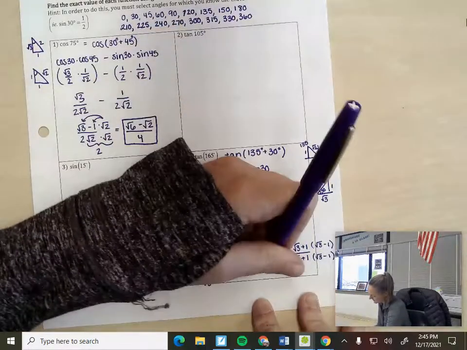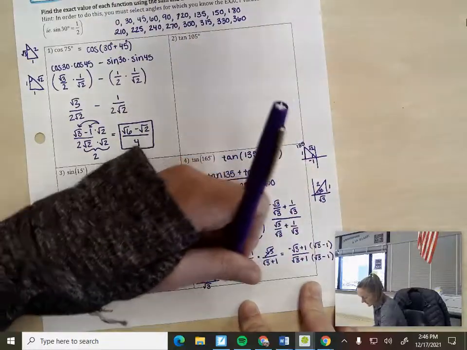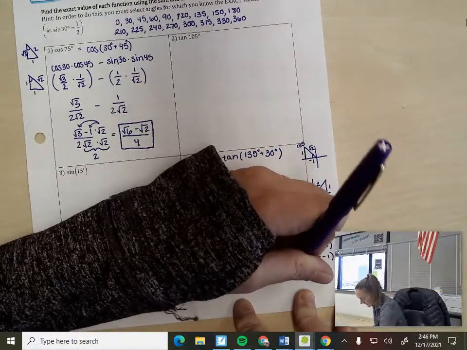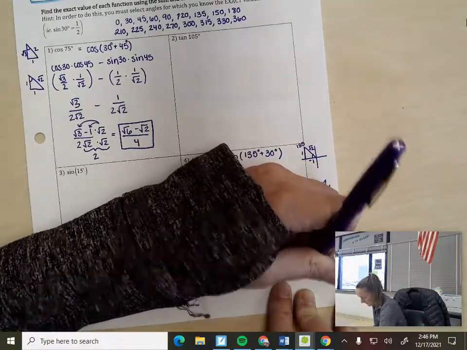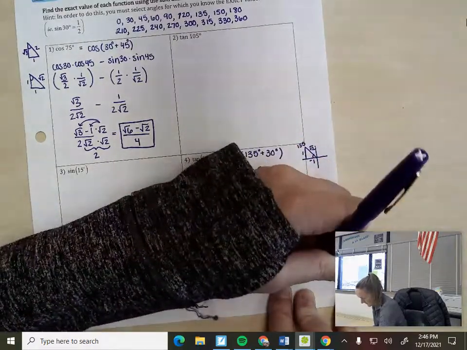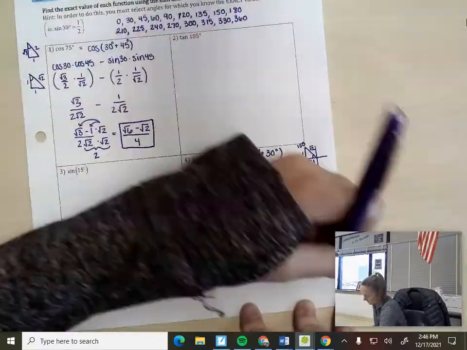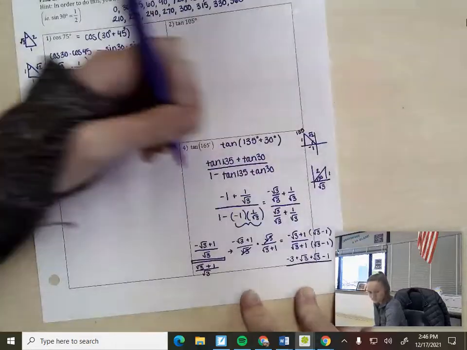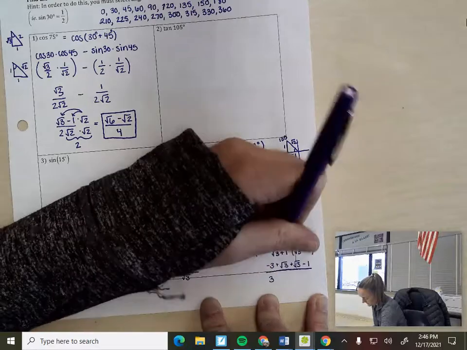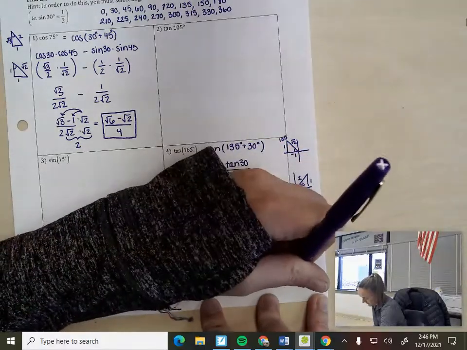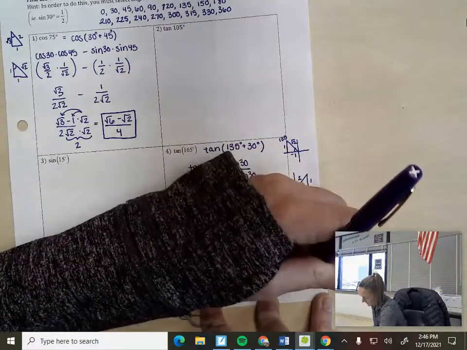On the top, root 3 times root 3 is just 3, so that turns into negative 3 plus root 3 plus root 3 minus 1, over 3 minus root 3 plus root 3 minus 1.